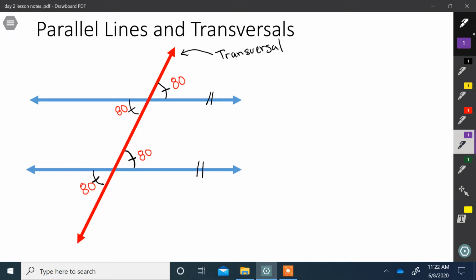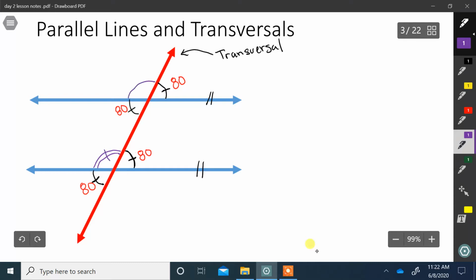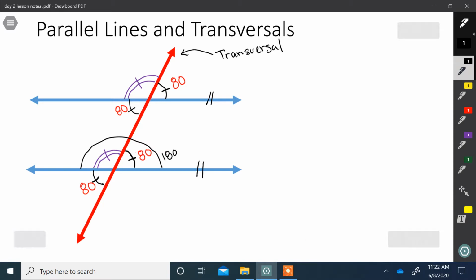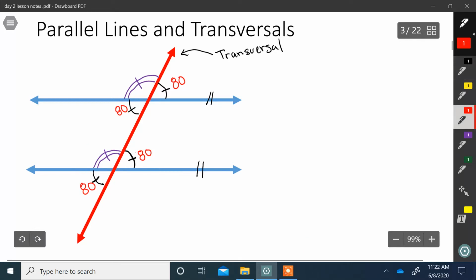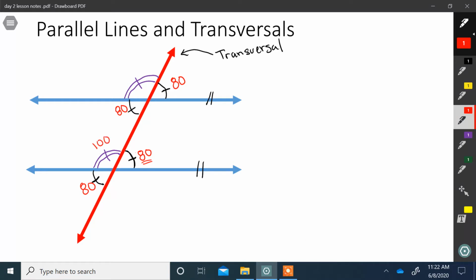Now it also follows that this angle right here is congruent to this one right here. Last time we talked about this whole angle right here is 180 degrees. So if that whole thing is 180 and this part is 80, that means that this is going to be 100, because 100 plus 80 obviously is 180.